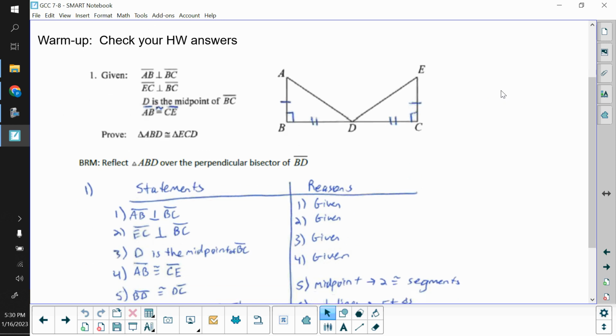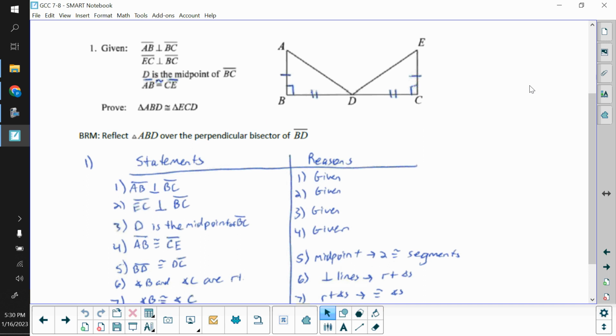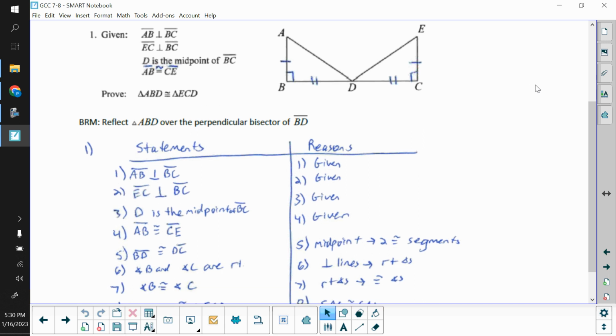All right, so for our first homework proof, we had number 1. There was only one way to do this proof, so it didn't matter if you did midpoint first or the perpendicular line stuff first. I chose to do midpoint first, so I had midpoint implies 2 congruent segments. If D is right in the middle of BC, that means BD is congruent to DC.